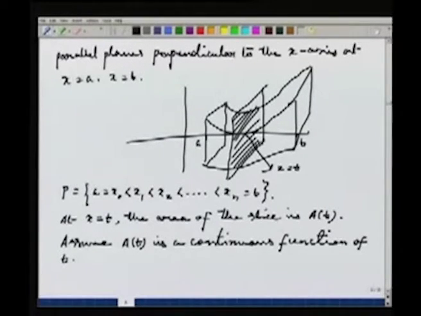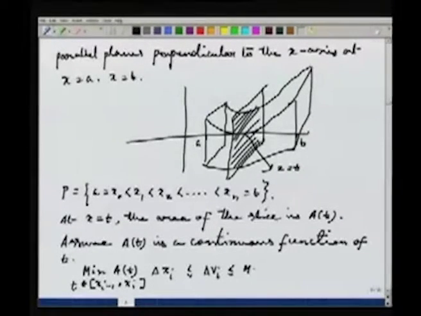You don't want that. And then notice that the minimum of A(t), where t belongs to [x_{i-1}, x_i], times delta x_i, is certainly less than or equal to the volume of the body when t varies from x_{i-1} to x_i, I call that delta V_i, which is certainly less than or equal to the maximum of A(t) when t belongs to [x_{i-1}, x_i], times delta x_i.